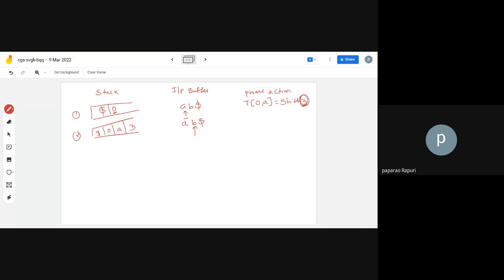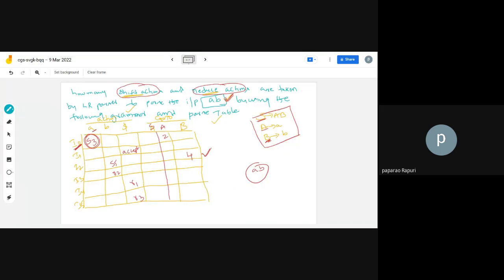Now the top of the stack is 3. T of 3 comma, what is the input symbol? B. So 3 comma B. Then again go to the table.